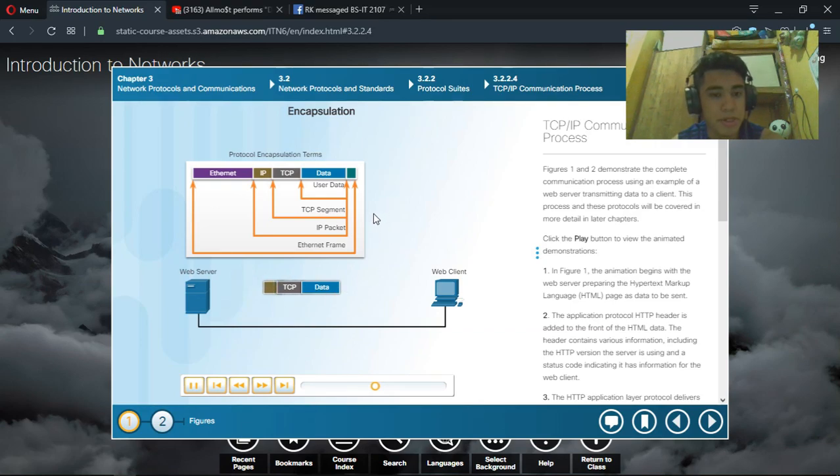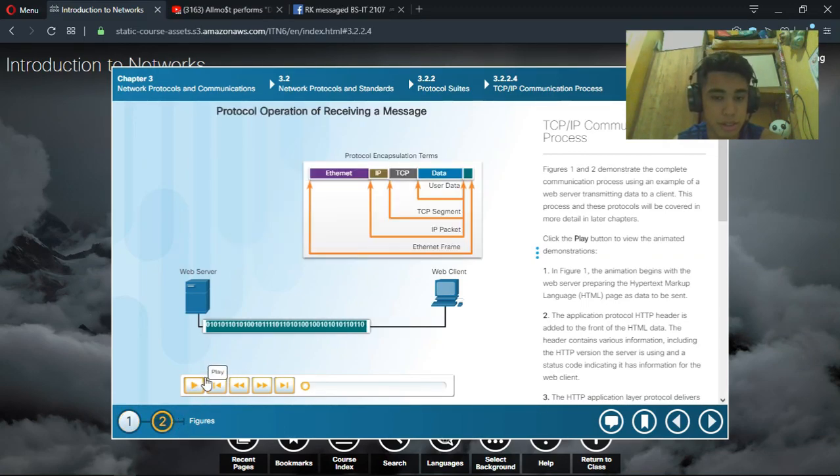Then after it becomes a segment, it will be encapsulated into an IP packet. It will now become a packet, and be encapsulated in an Ethernet frame, then become bits that will travel through the media to the destination network, to the destination address.